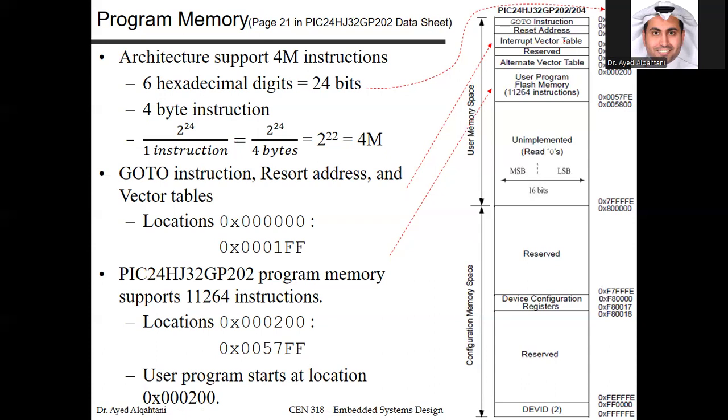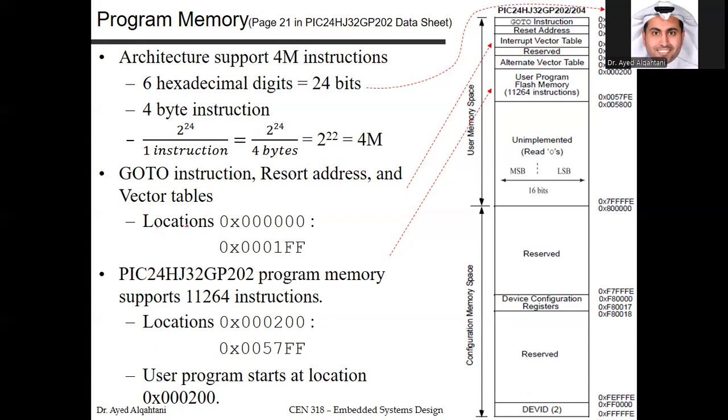As we mentioned before, if you have different interrupts, each one of them has its own interrupt service routine. You need the beginning of each one of them, and you list them in this vector table. Also, you have an alternate vector table, which is actually a copy of the vector table for reliability and dependability reasons.